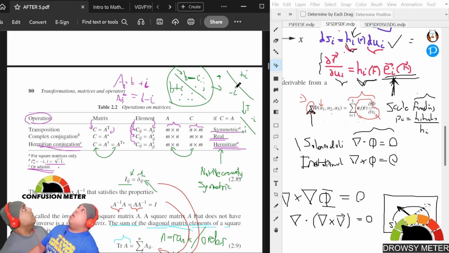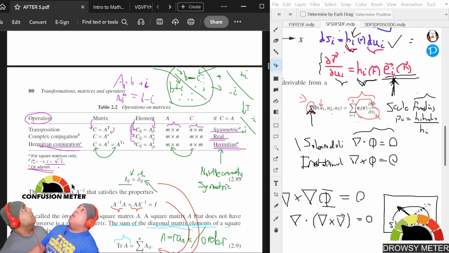It's not necessarily symmetric. I think for the same arguments, it's not real as well, because these guys ended up where they were supposed to be, like, oh, it didn't change. But there are imaginary guys in there.